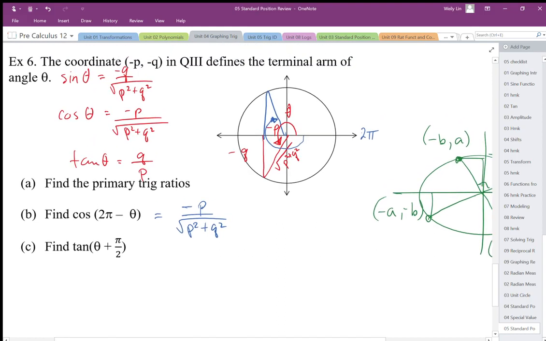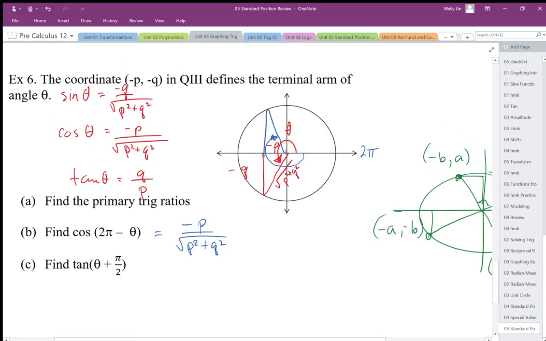So when I rotate the slope 90 degrees, I should get the negative reciprocal. Let's verify that in our diagram here. I'm just going to get rid of some of this. There's my theta. I'm going to take that theta and move it 90 degrees like that. I'm going to add 90 degrees here. That green position then represents theta plus pi over 2.